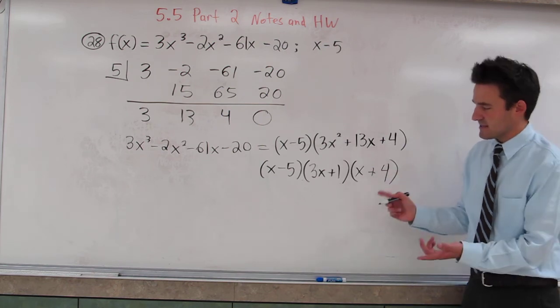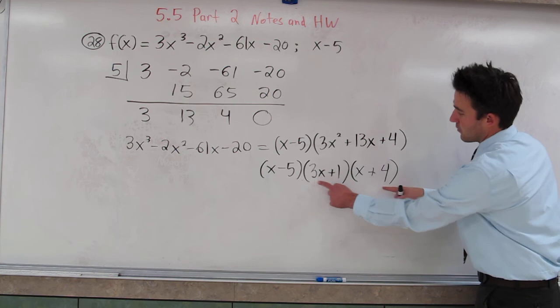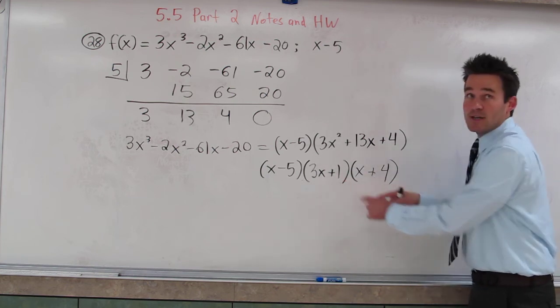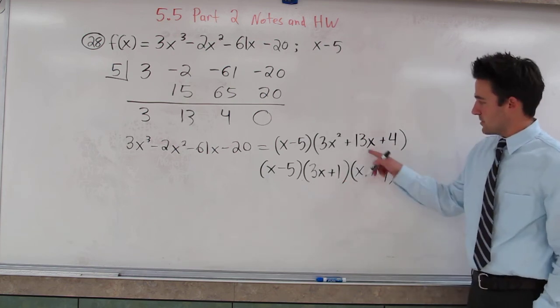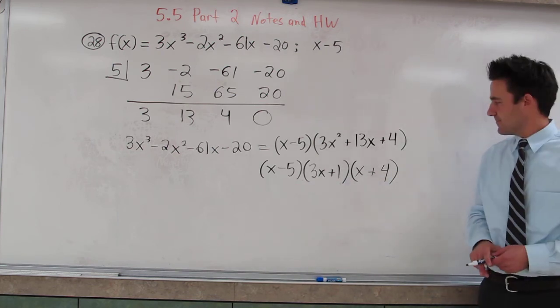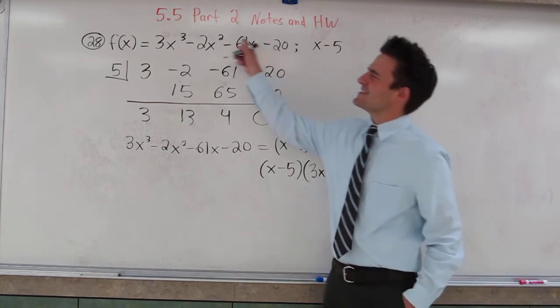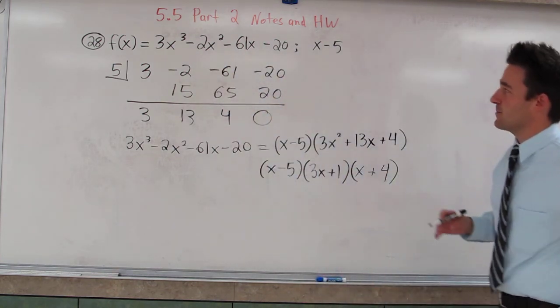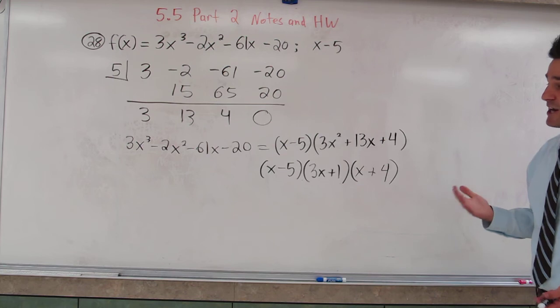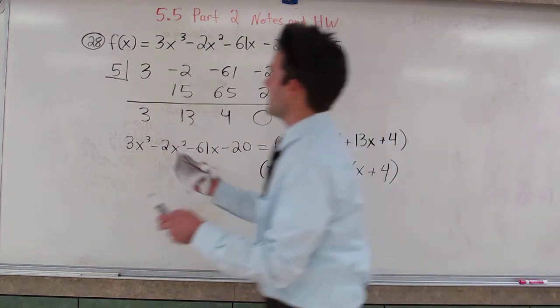So let's test this. Let's see if we get this 13 in the middle. 3x times 4 would be 12x, and 1 times x would be x. So there's our 13x. Now we have factored completely. I think I have time to show you one more thing. What if instead of telling us to factor completely, this problem actually wanted us to solve? So let's change the original problem.